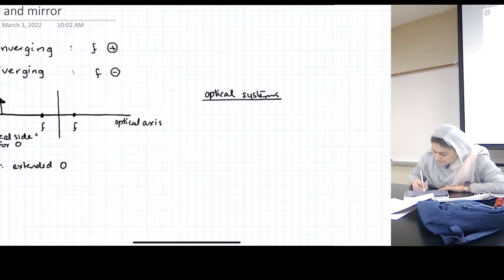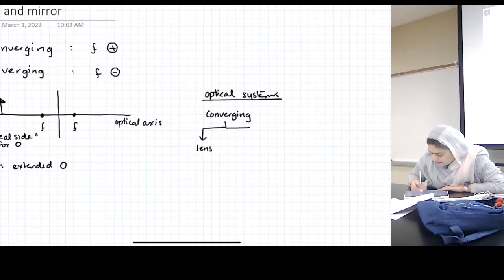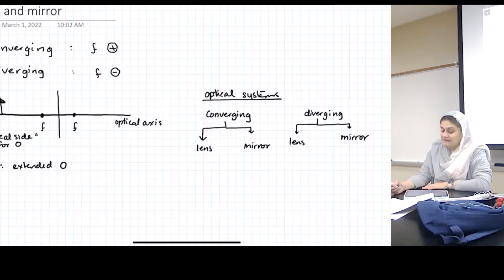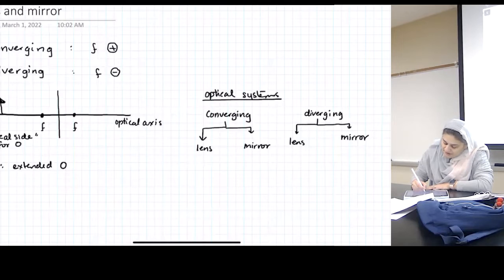You could have a converging lens and mirror, or you could have a diverging lens and mirror. When you have a converging lens, you will draw it like this.